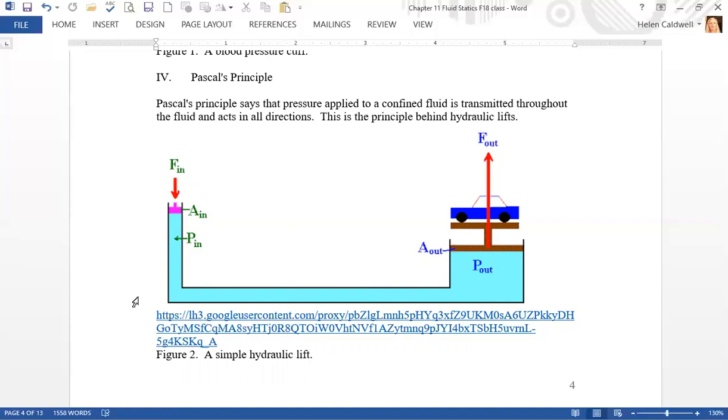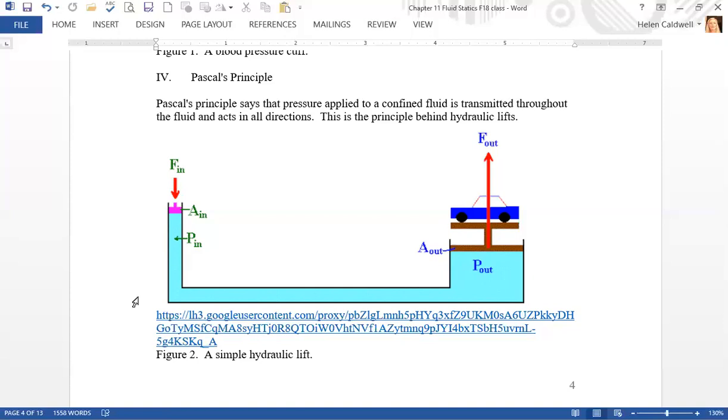Pressure is force divided by area. That'll be the input pressure. The output pressure will force up the brown piston on the right-hand side and create an output force. And again, pressure is force over area, so output force divided by output area.